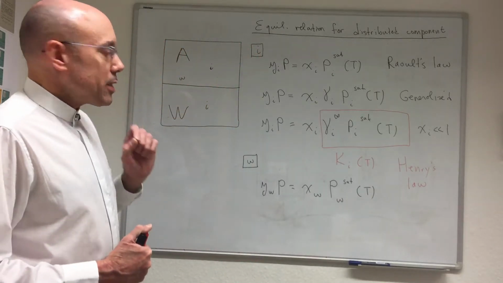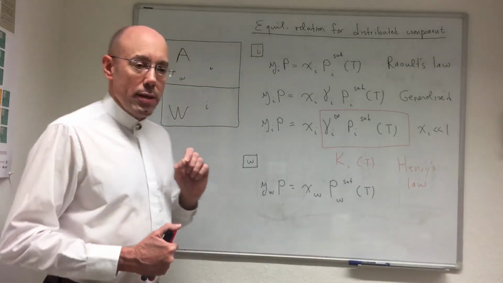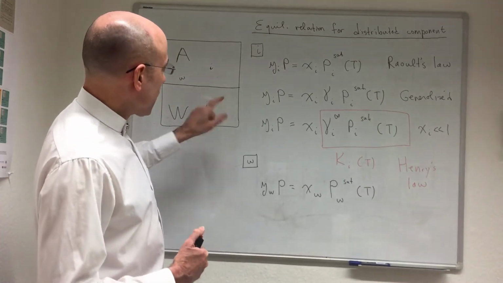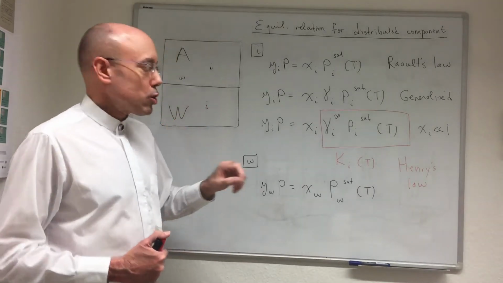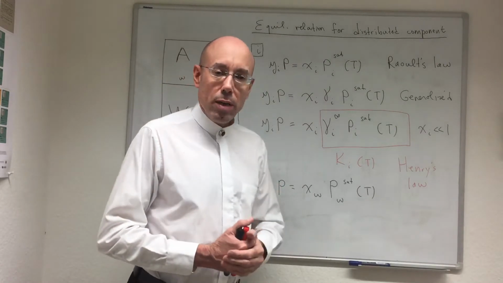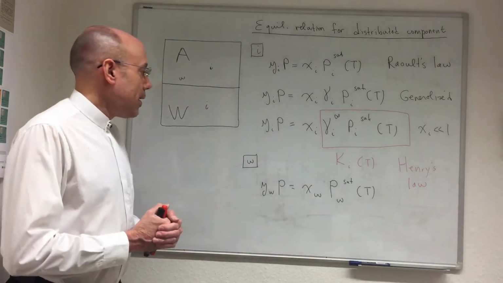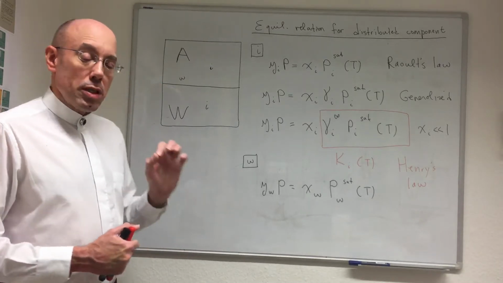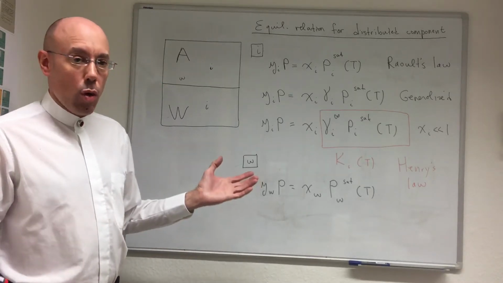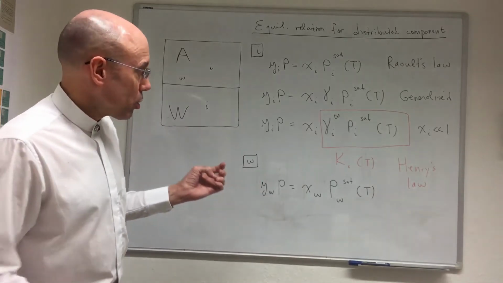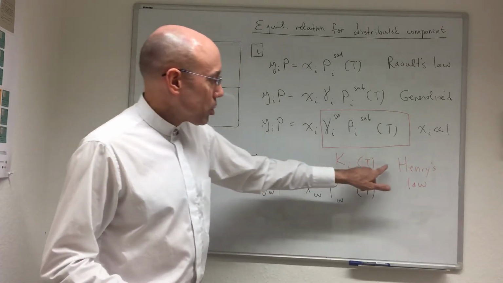So this kind of relationship: if the solution of i in the liquid phase is ideal, then you can just use Raoult's law, look up or calculate the saturated vapor pressure. If it's not an ideal solution, which is actually true for ammonia and water, then you need to look up Henry's law.